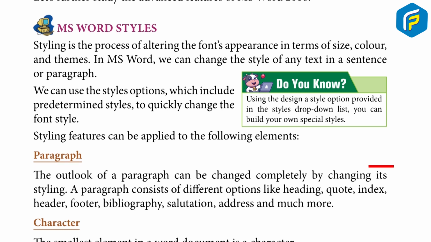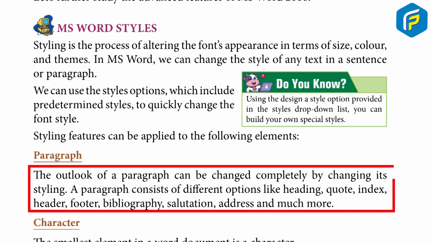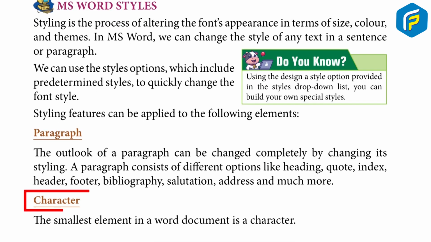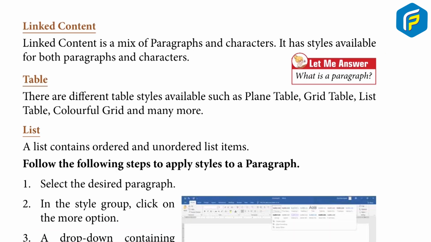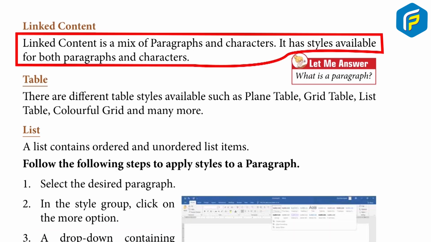Paragraph. The outlook of a paragraph can be changed completely by changing its styling. A paragraph consists of different options like heading, quote, index, header, footer, bibliography, salutation, address and much more. Character. The smallest element in a Word document is a character. Linked content. Linked content is a mix of paragraphs and characters.